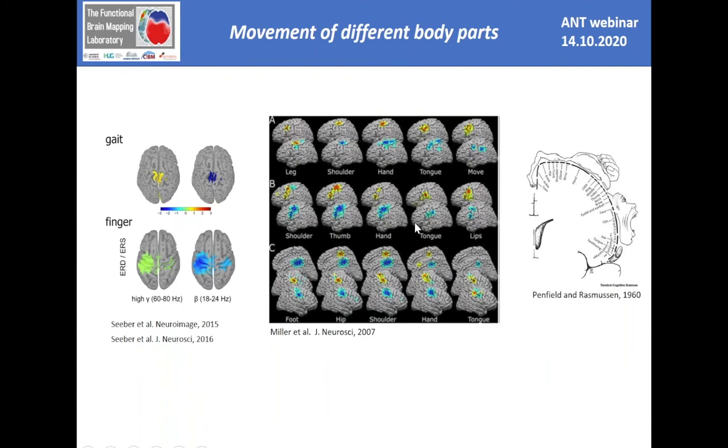So already here we have some kind of plausibility validation, because we know that the hand areas are represented here in the somatotopic organization of the motor cortex. We know that the hand areas are represented laterally, while the leg areas are here more central, right? So that all makes sense and matches invasive recordings or invasive mapping procedures.